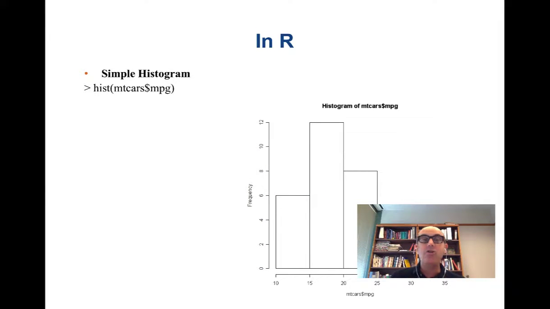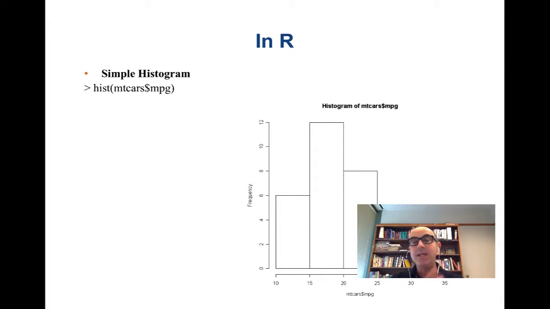A simple histogram: this is the code for a histogram. I'm using a data set that is already embedded in RStudio, called mtcars, with the dollar sign and mpg, which is the frequency or the distribution.